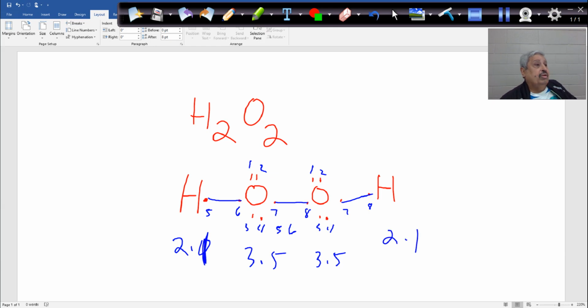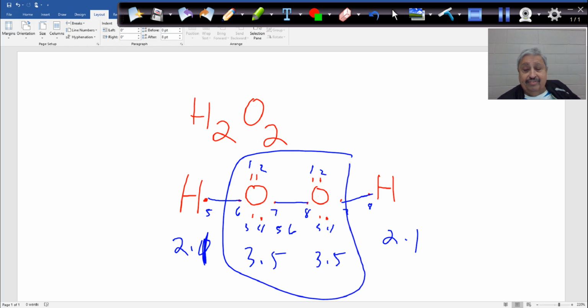Is this a stable molecule? No. Why? Because you are putting two very electronegative atoms, second largest electronegativity after fluorine, together. They'll start fighting each other. They will pull electrons from hydrogen, but then they'll start fighting each other. And hydrogen peroxide is always put in the refrigerator.